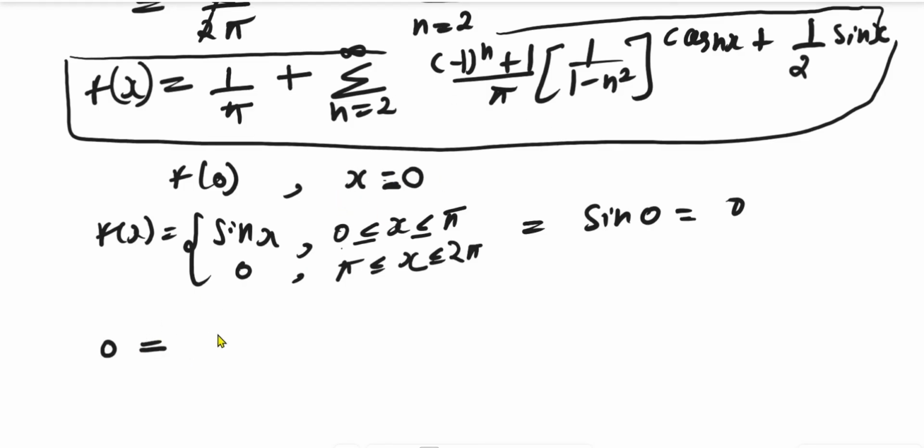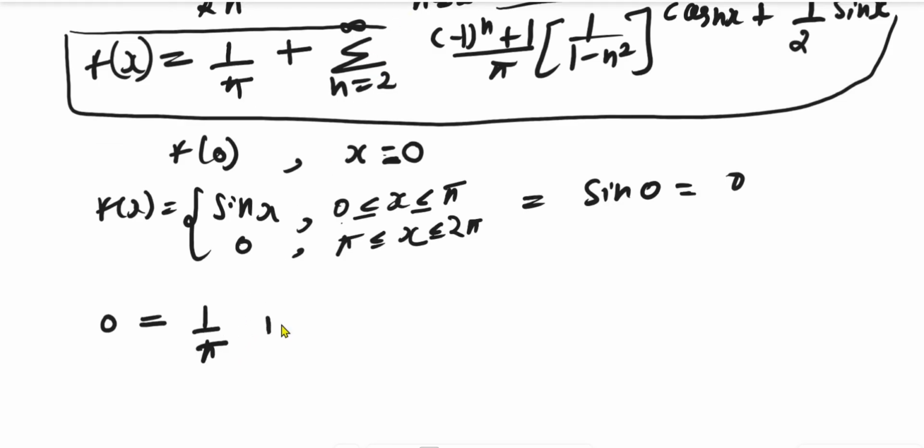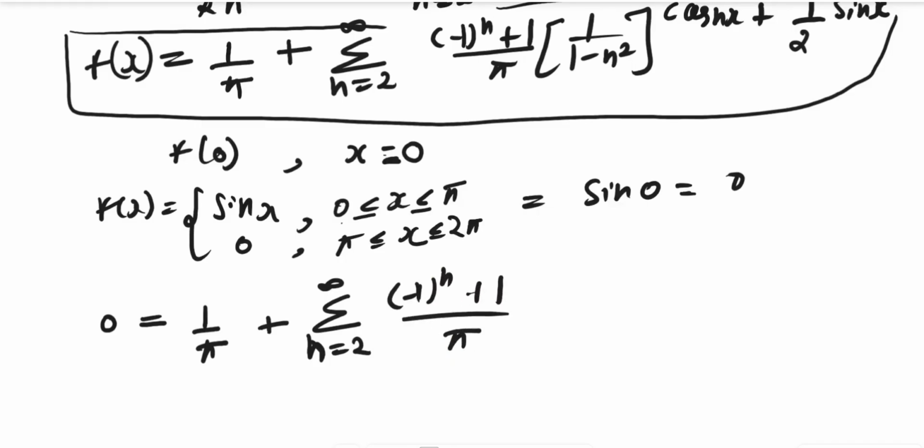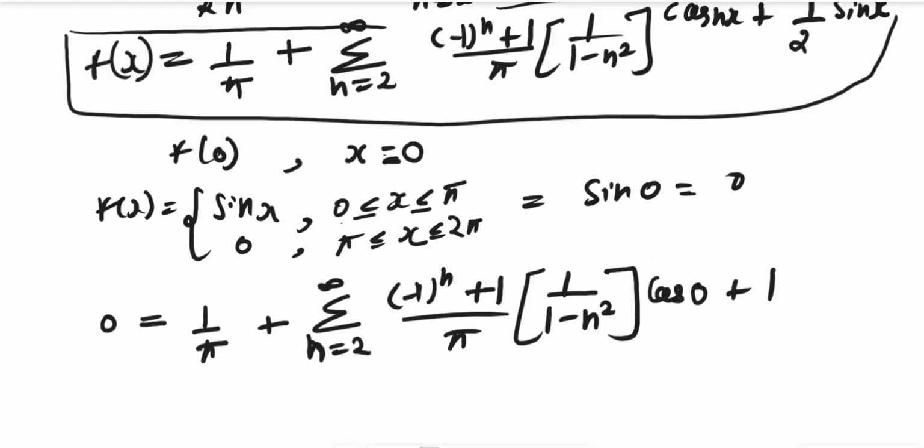So it is 0 is equal to 1 upon pi plus summation n is equal to 2 to infinity, minus 1 raised to the power n plus 1 divided by pi, 1 upon 1 minus n square, cos nx. x के place पे 0, तो it is cos 0 plus 1 upon 2, x के place पे 0 it is sin 0.